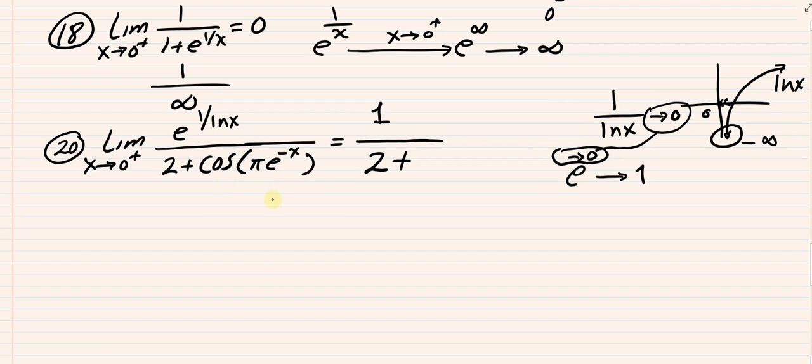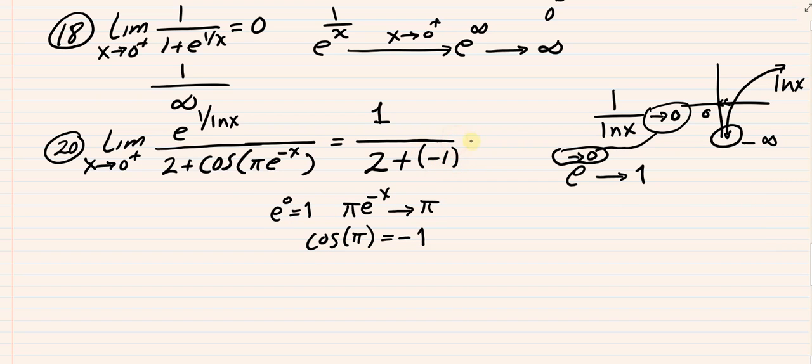For e to negative x, as x goes to 0, e to 0 is 1. So pi e to negative x approaches pi, and cosine of pi is negative 1. So the cosine approaches negative 1. The whole thing approaches 1 in number 20. Good. And we have done those.